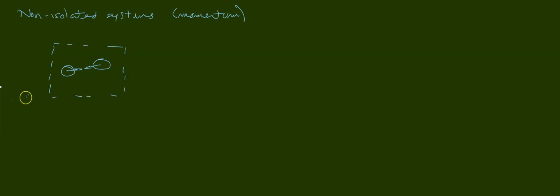This is my system, but now this is non-isolated. Now there is some external force, or maybe there are a lot of forces: external force 1, external force 2, external force 3. So now the system is non-isolated, right?